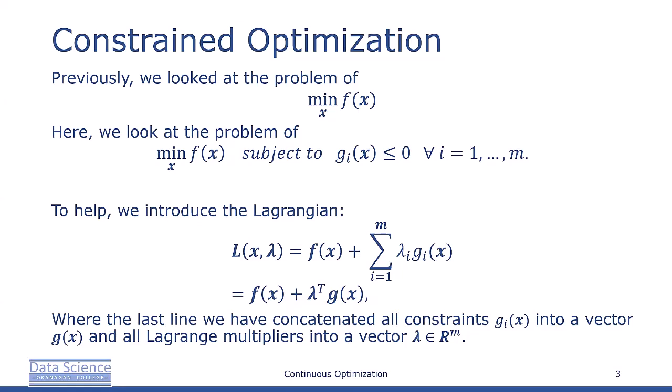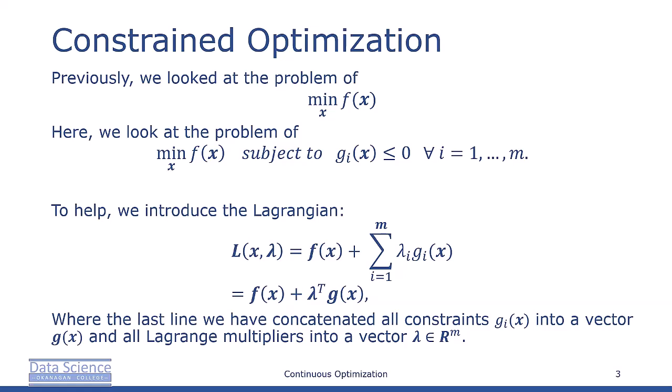So we associate to this problem what we call the Lagrangian by introducing Lagrange multipliers lambda sub i, which are greater than or equal to 0. These correspond to each inequality constraint given by the g_i of x's.